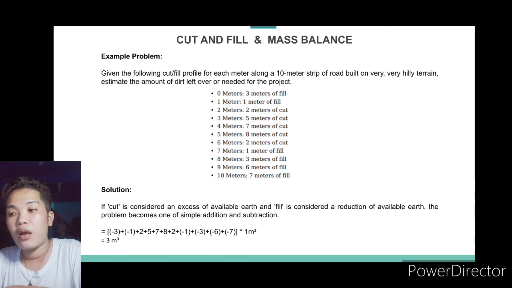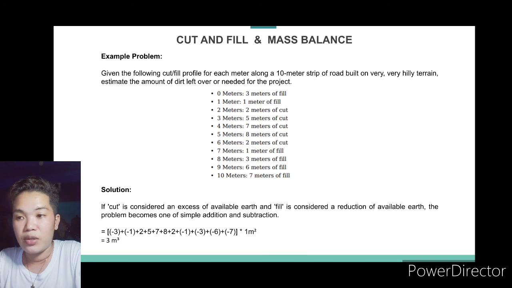Now, the solution would be like this: if cut is considered an excess of available earth and fill is considered a reduction of available earth, the problem becomes one of simple addition or subtraction.